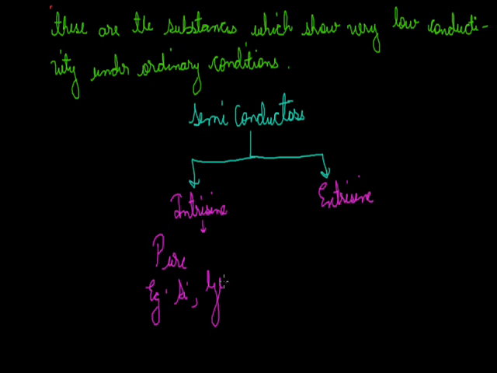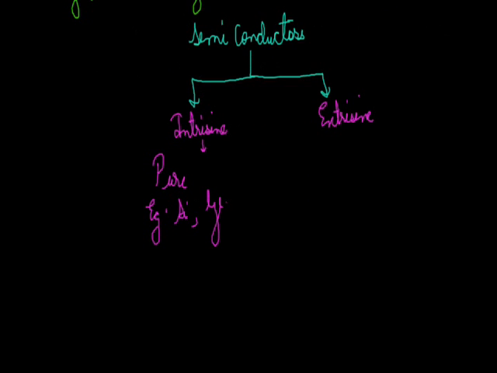These materials show semiconducting behavior on their own, with their originality. This means they are pure materials, no impurities are added. And in extrinsic semiconductors, impurities are added to make them show the properties which make them relevant as semiconductors.